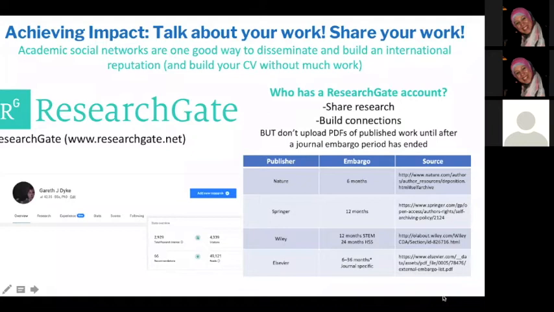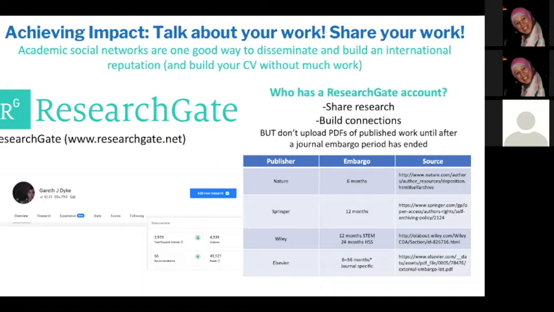But if you are using one of these social media accounts, of course, depending upon the publisher in which your paper has appeared, you can see the major publishers here on the slide, you may have to wait until an embargo period has passed before you are able to upload the final version, the final published PDF of your article, onto a site like ResearchGate. So for example, Springer Nature has an embargo period of 6 months.